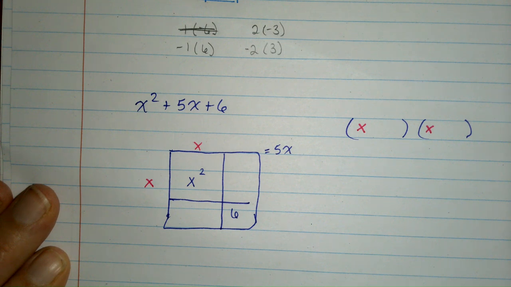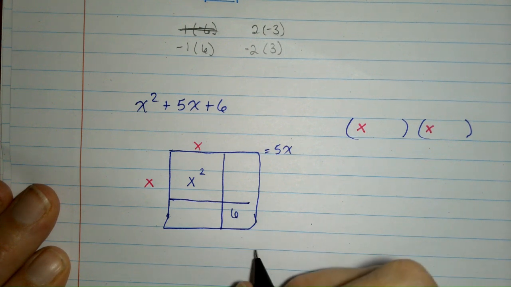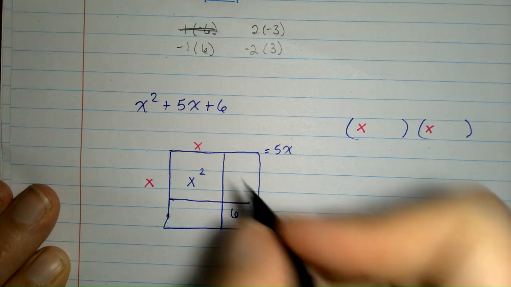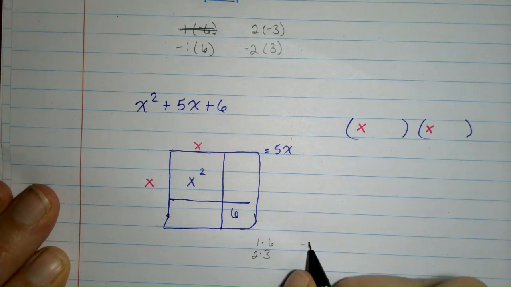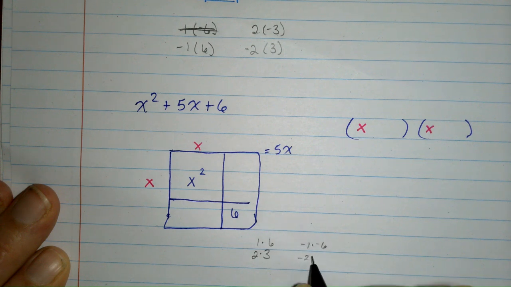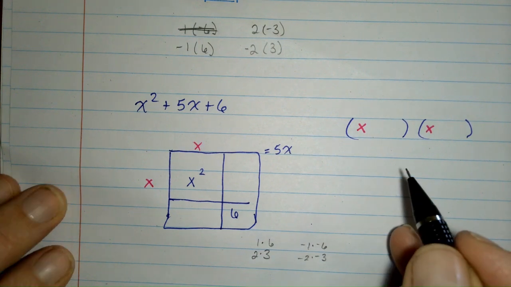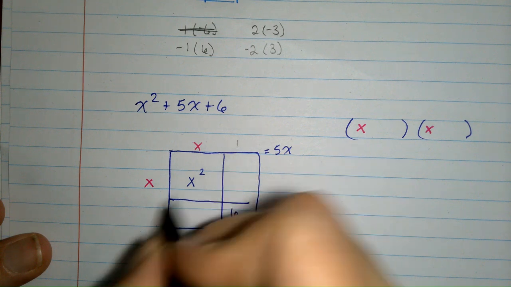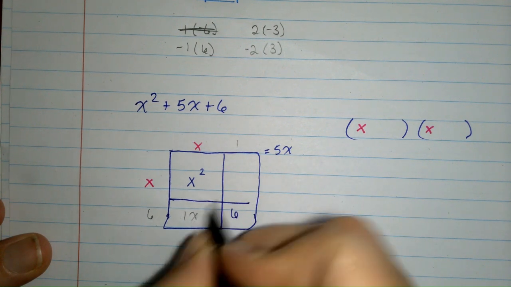So pencil comes out, right? The ways to multiply to 6 are 1 times 6 or 2 times 3. Or -1 times -6 and -2 times -3. But we've talked about if everything is positive in the problem, only use the positive numbers. So not going to worry about these right now. 1 and 6 gives me 1x plus 6x.